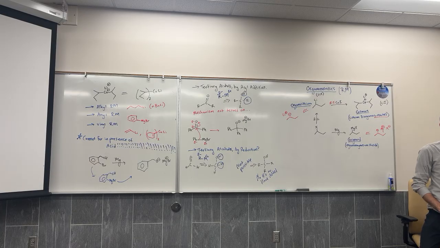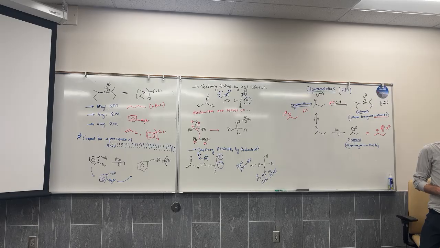Last question of the day. Is that my alcohol? Is it close to being my alcohol? What do I need to do to get my alcohol? You need the hydrogen.